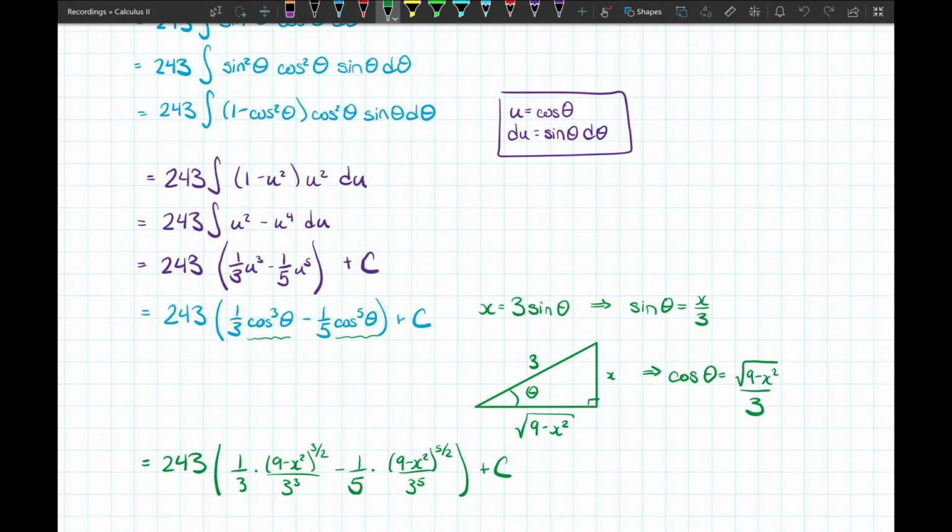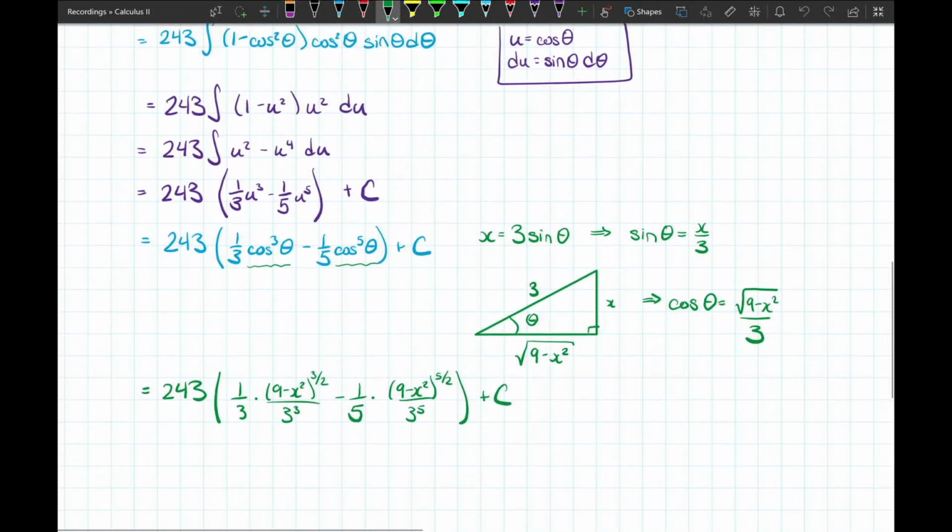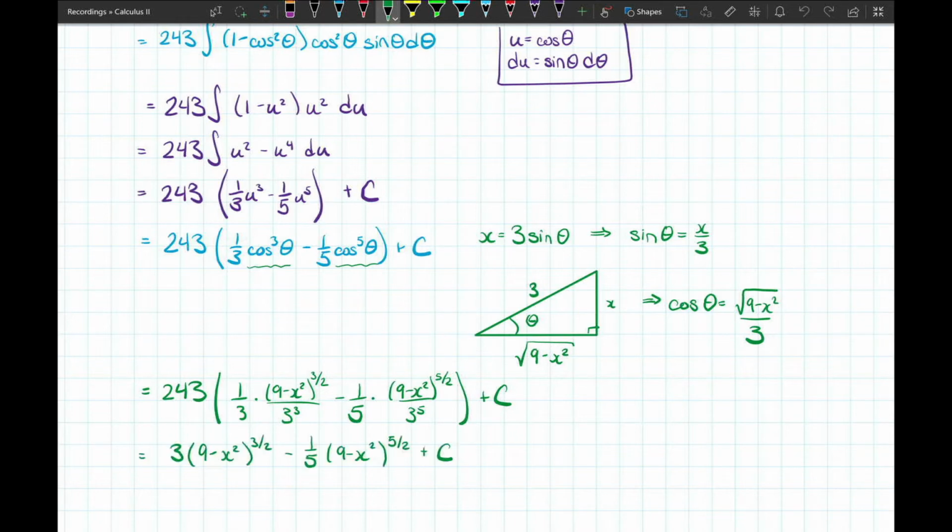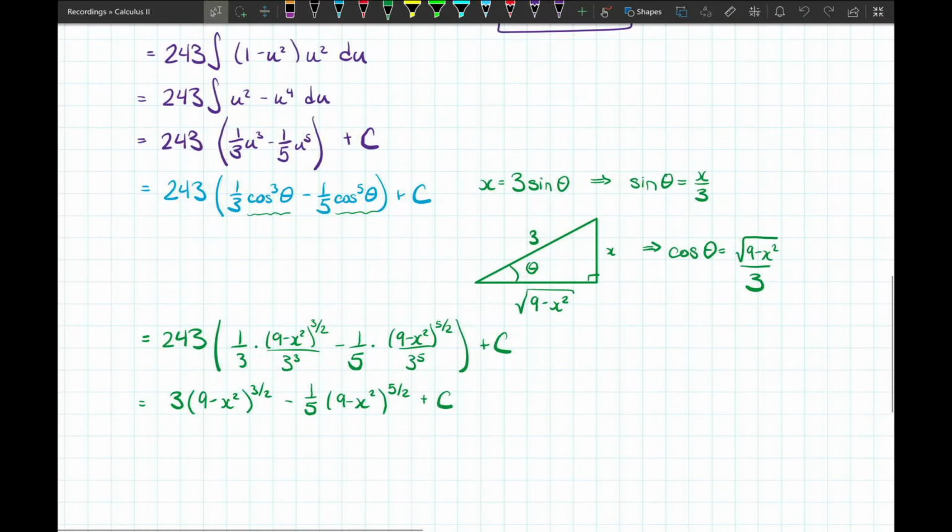Of course, this can be tidied up significantly. It may take more work just to simplify this, but at least you can see 243, since that is actually just 3 to the power 5. If we distribute that across these two terms, a lot of these other factors of 3 are going to cancel out. That's much easier to work with. If you really want to max out your algebra skills here, you might start thinking about ways to factor that.